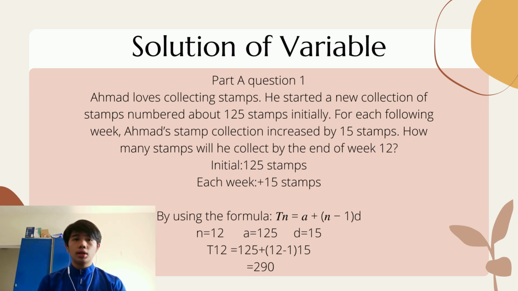So we put n equal to 12, a equal to 125, and d equal to 15. As I stated in the slide, T12 equals 135 plus 12 minus 1 times 15, and we get 290. That is the value of the stamps in week 12 that Ahmad has.